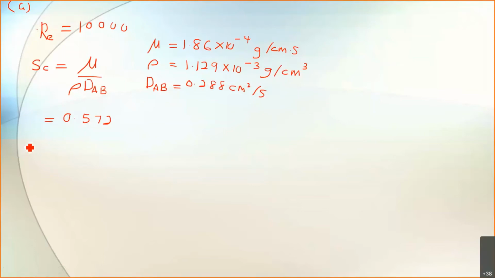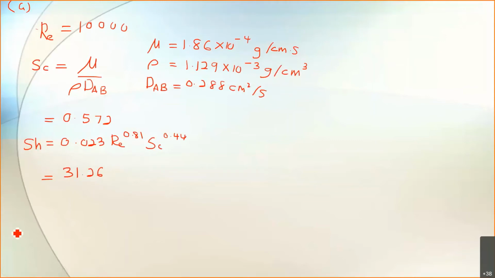So my Sherwood number is going to be Sh equals 0.023 times Reynolds number to the power of 0.18 times Schmidt number to the power of 0.44. I'm going to use this equation. When I substitute my Reynolds number of 10,000 and Schmidt number of 0.572, I should get a Sherwood number around 31.26.